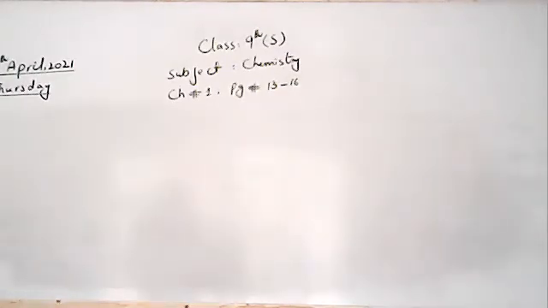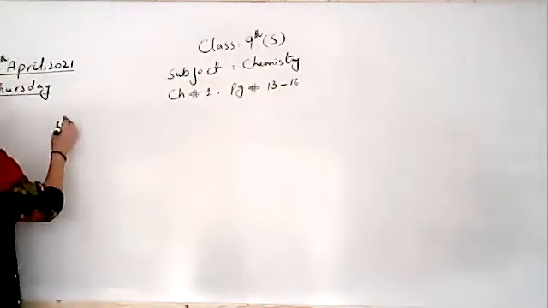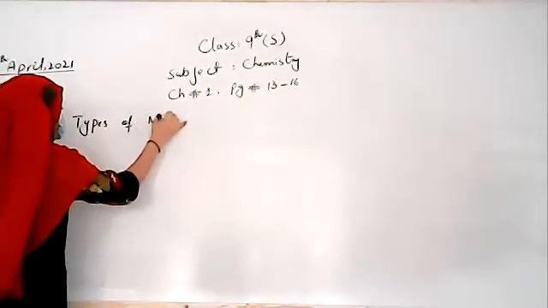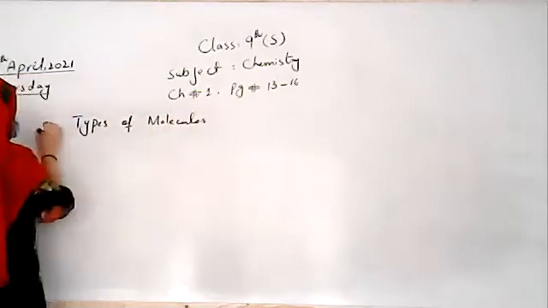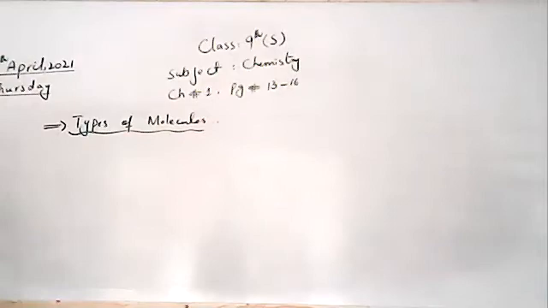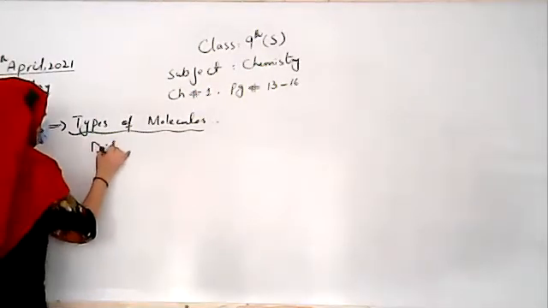Okay, students. Now comes the next point, that is the types of molecules. It's an important question for exams. Firstly, define molecule. A molecule is the combination of different atoms. Then, different types of molecules.